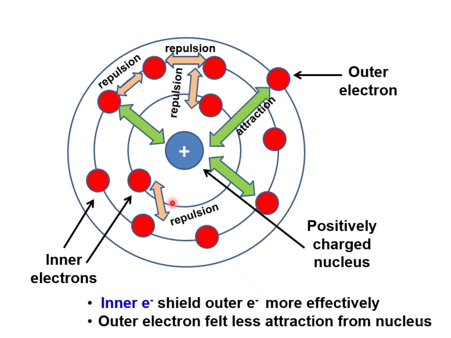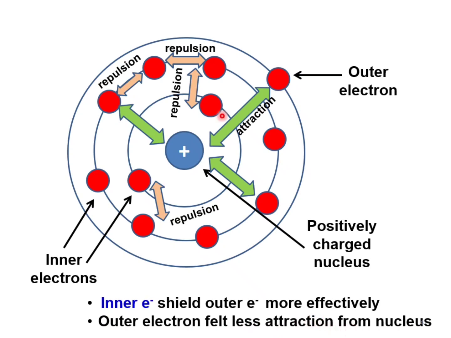Okay, so kalau kita ada first shell, second shell, third shell ni, so maksudnya sekarang ni outer electron ni, nampak tak? Second shell dengan first shell ini dianggap sebagai shielding effect, di mana inner electron shield outer electron. Okay, inner electron yang berada pada first shell and second shell, dia akan halang outer electron daripada dekat dengan nukleus. So menyebabkan outer electron feel less attraction from nucleus.